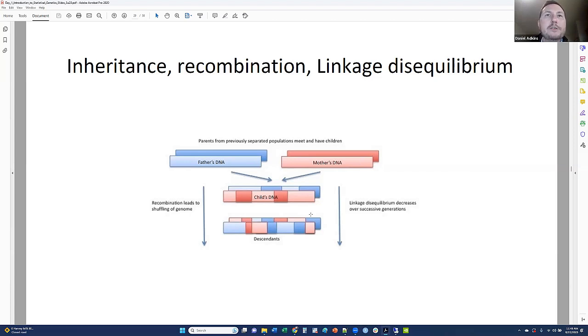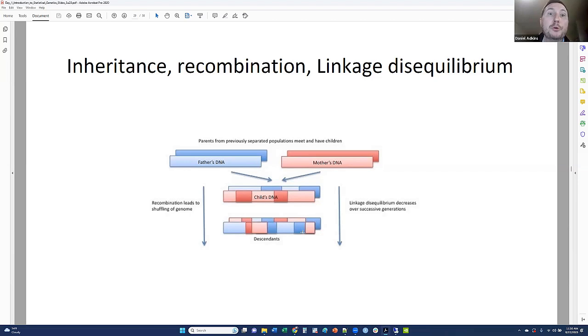Because proximate variants are going to be super highly correlated, we're going to need to thin out the variants to address that spatial correlation before we can calculate our polygenic risk scores.